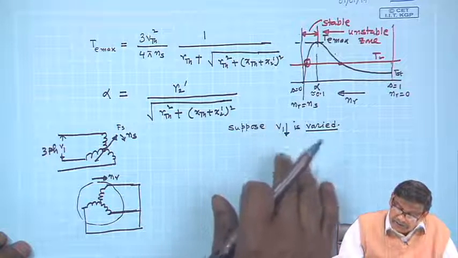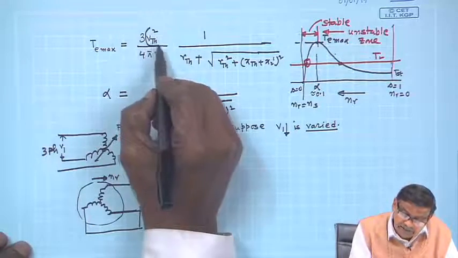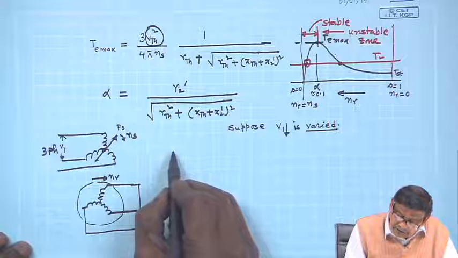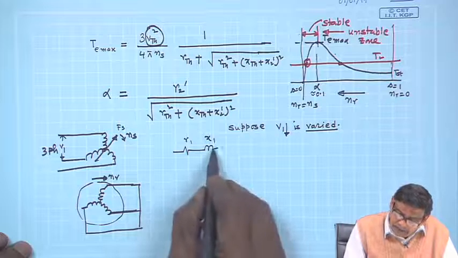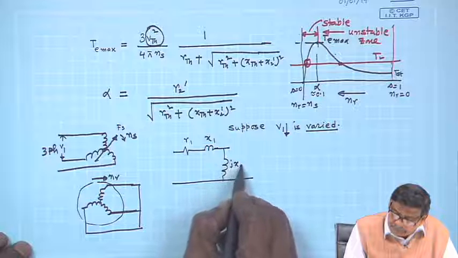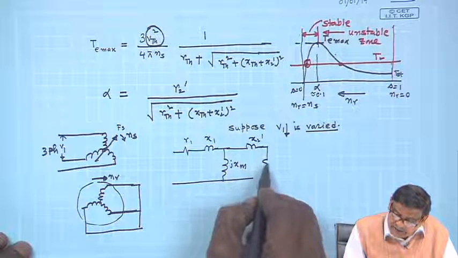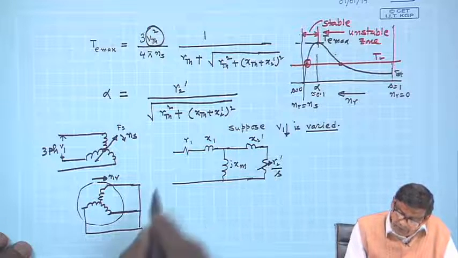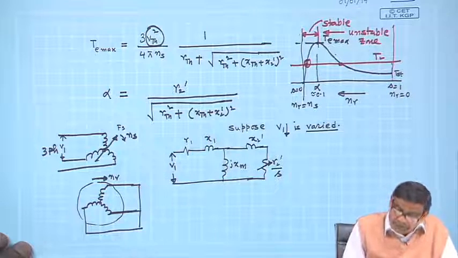Now, if V1 is decreased, the question is how V Thevenin changes, because V Thevenin has the term V1. Recall the equivalent circuit: here R1, X1, which are small, and here it is Xm, and this is X2 dashed, and this is R2 dashed by S. This is the equivalent circuit. Now, here it is V1. So, I am playing with V1, I am reducing it.